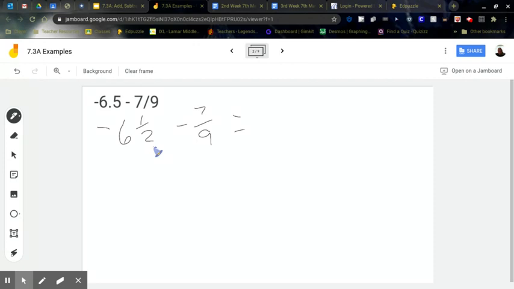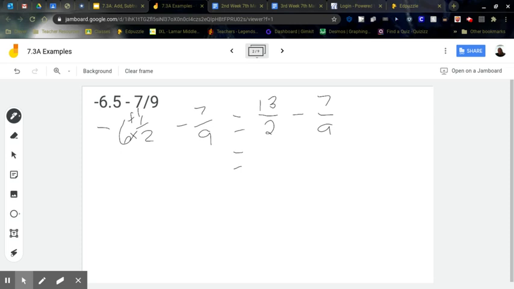And what do we do? 2 times 6, and then plus 1. Okay, so 2 times 6 is 12, and 12 plus 1 is 13. And then it's over the number that we have on the bottom of the fraction here, 2. 13/2. And then we're going to subtract 7/9, okay? In order to subtract fractions, they have to have common denominators, okay?